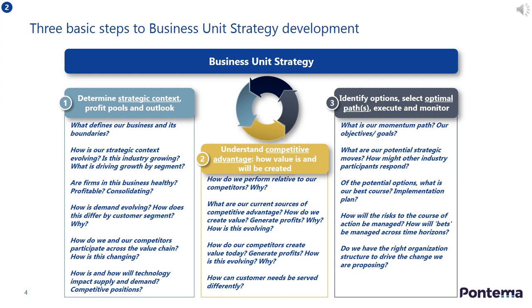The second step relates to competitive advantage and is about understanding how value is being created. And the third step is about charting the optimal path for the business unit, which concerns analyzing the potential strategic paths the unit can take and identifying the best course of action. You will examine each step in more detail as you progress through the lesson.